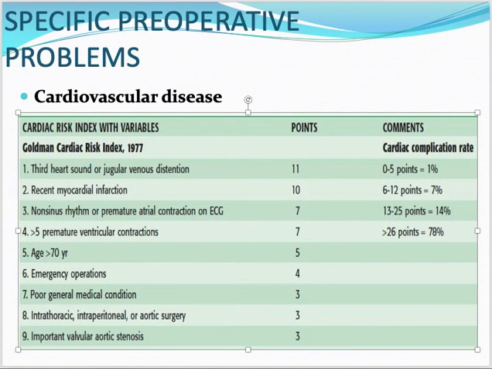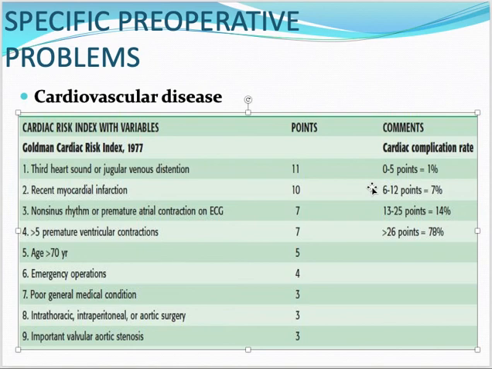For example, someone had a recent myocardial infarction and a third heart sound. What will the score be? 10 plus 11 will become 21. If someone is getting 21 points, it means there is a 40% chance of some cardiac complication during the surgery. So simple.